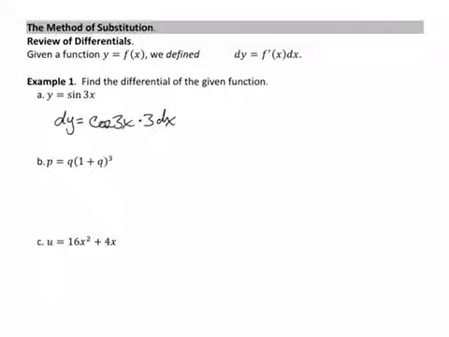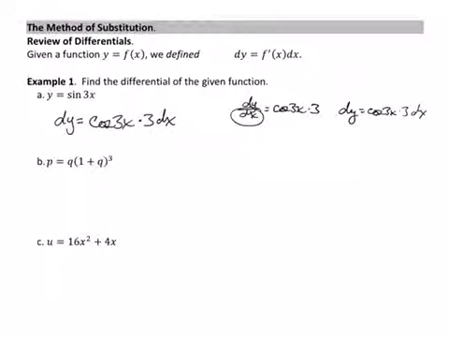Some people like to think about it as if you say, well, let's find dy dx. So that means the derivative. That would be, as we already said, cosine of 3x multiplied by 3. And then if you multiply both sides by dx, or what looks like multiplication, you get what's known as the differential.